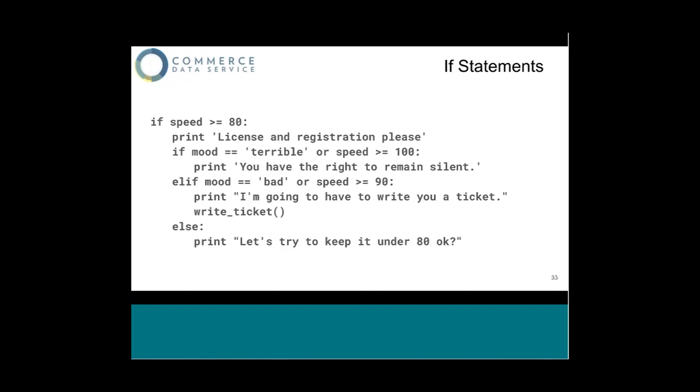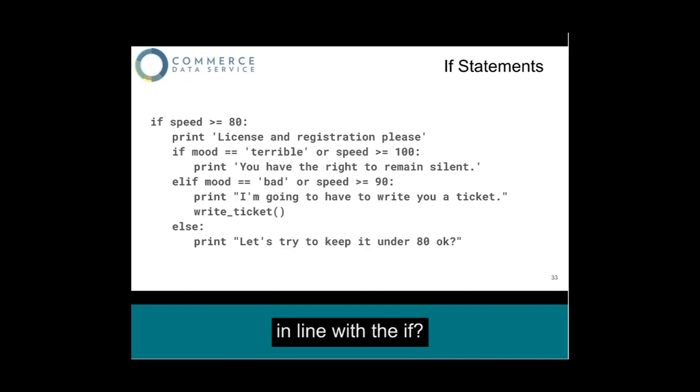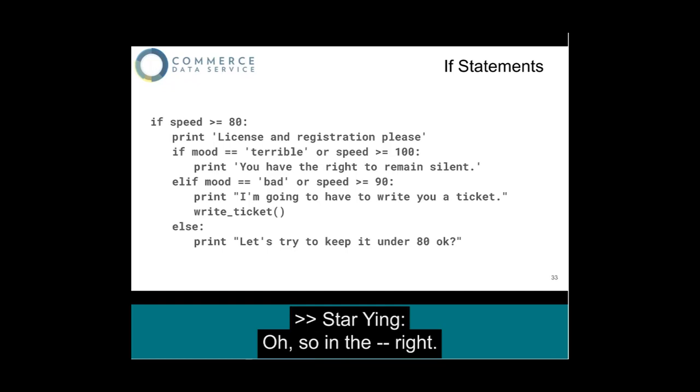Why isn't that last else statement in line with the if? The print statement? The else. Why isn't it in line? Right.